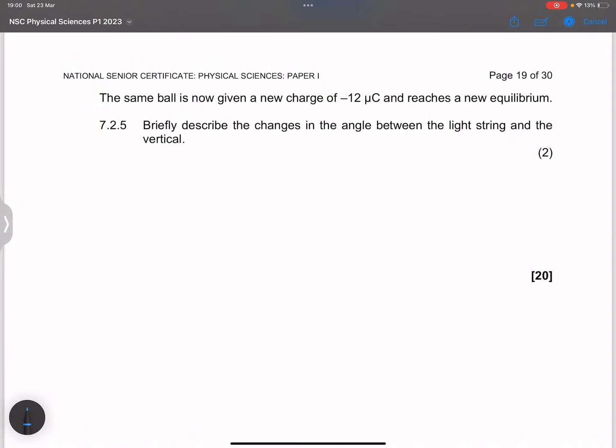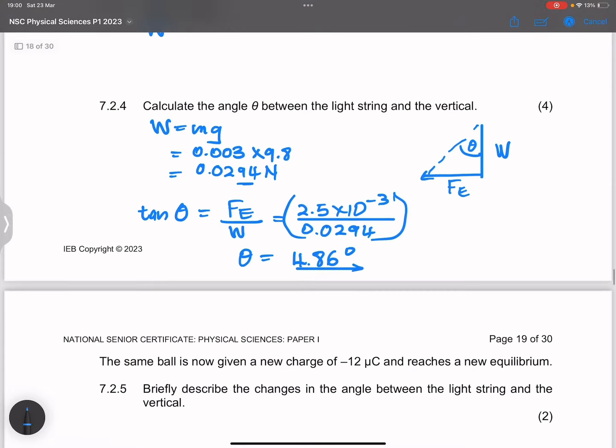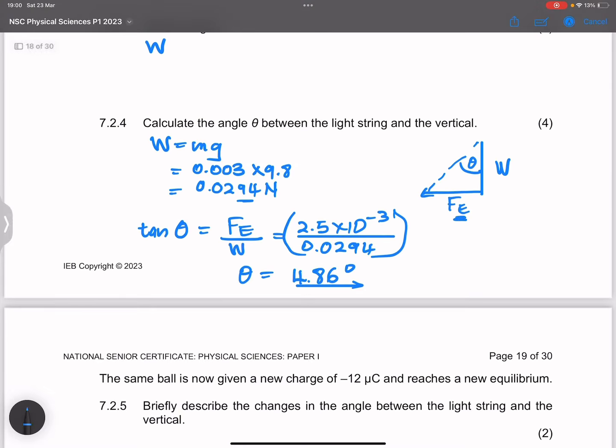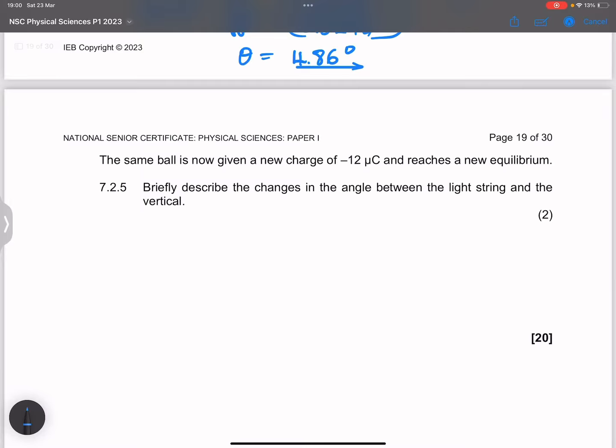If the electrostatic force is bigger and the weight remains the same, this angle would increase, because there will be an increase in the amount of electrostatic force. I hope that makes sense, ladies and gents, as we swiftly move on to question 8.